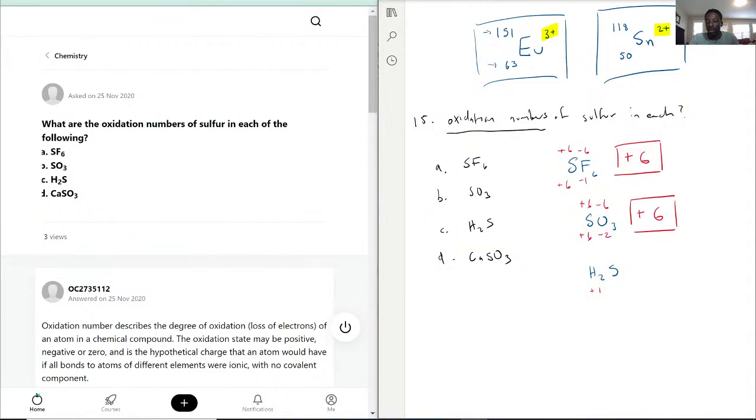Here it's bonded with a non-metal, which is sulfur. And because there are 2 of them, that's +2. So in this case, sulfur has an oxidation number of -2.